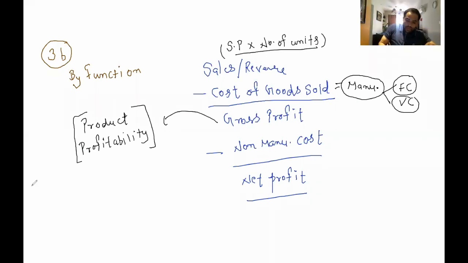If your sales is more than cost of goods sold, this product is profitable. This product is in profit. So we should continue. Continue means continue with the different processes, packaging, labeling, and so on, right? If sales is less than cost of goods sold, let's say sales is $9 and cost of goods sold is $10, then our product is in loss.